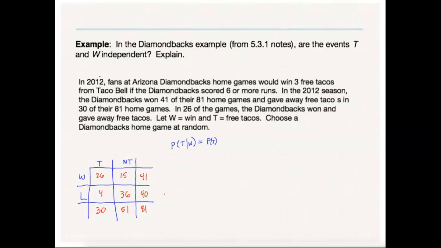If that's true, that would imply that the events are independent, because knowing that we won doesn't influence the probability of getting tacos in that case, right? All right, so let's just do the right-hand side first. What's the probability of getting tacos? Well, we got tacos in 30 out of 81 home games. So it's just 30 out of 81.